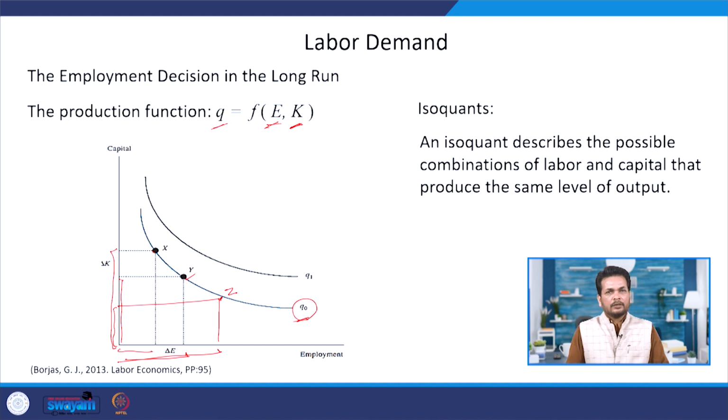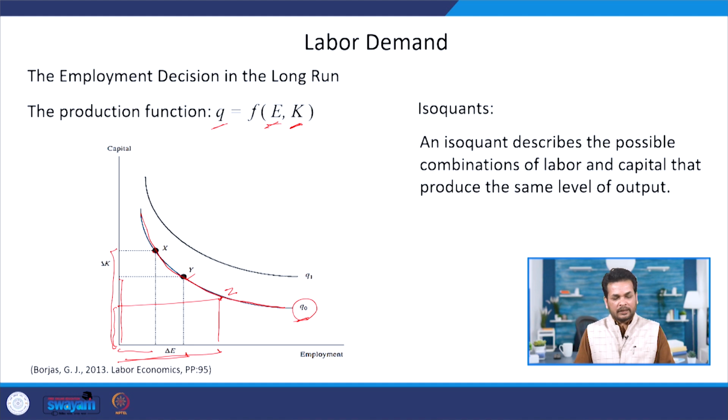So, in the long run, the farm can decide how much output to produce with different combinations of factor inputs. If you join these points, you get different combinations of factor inputs that produce the same level of output, and this curve is called the isoquant.